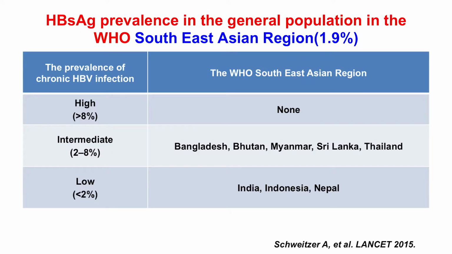Then in the Southeast Asian regions, there is also around 2% of the population positive for surface antigen. Most of them are in low or intermediate prevalence regions, like Bangladesh, Bhutan, Myanmar, Sri Lanka, and Thailand, whereas India, Indonesia, and Nepal belong to the low prevalence group for surface antigen.